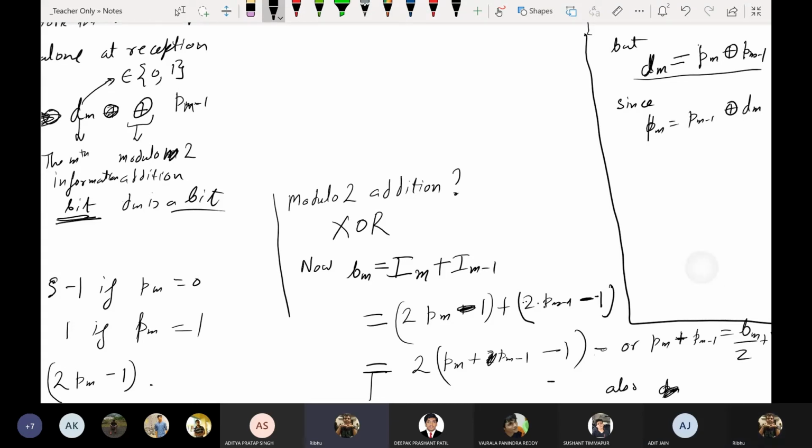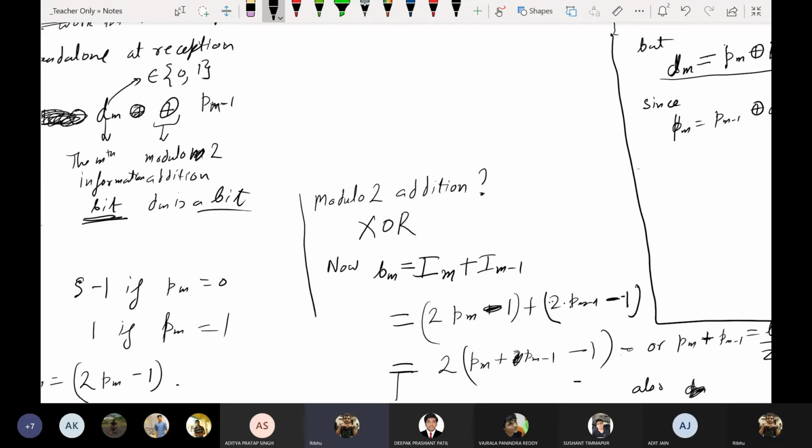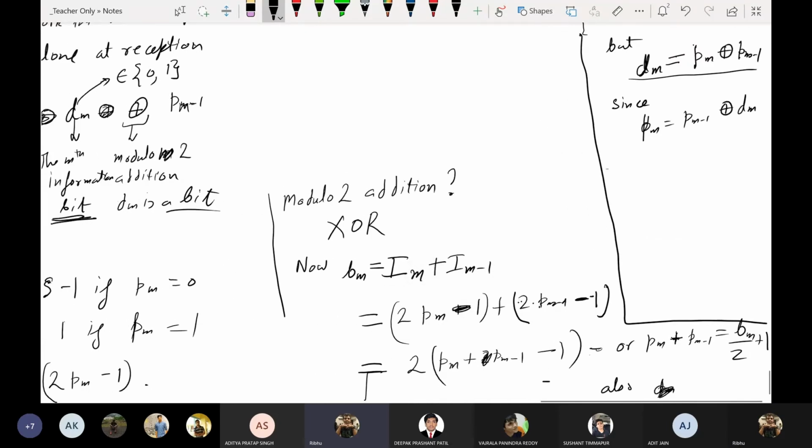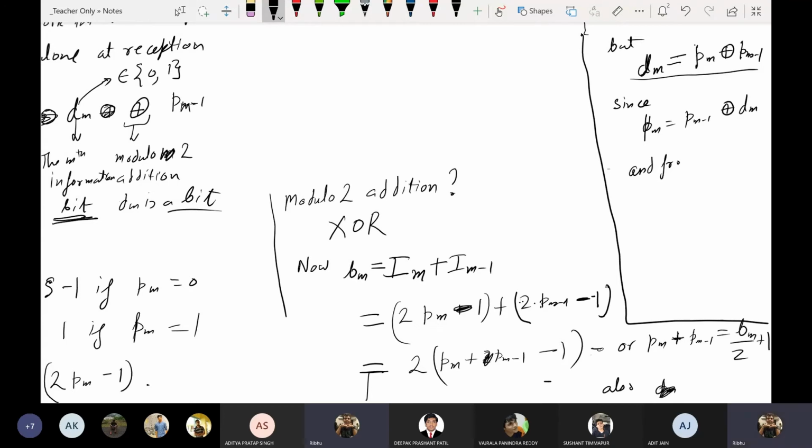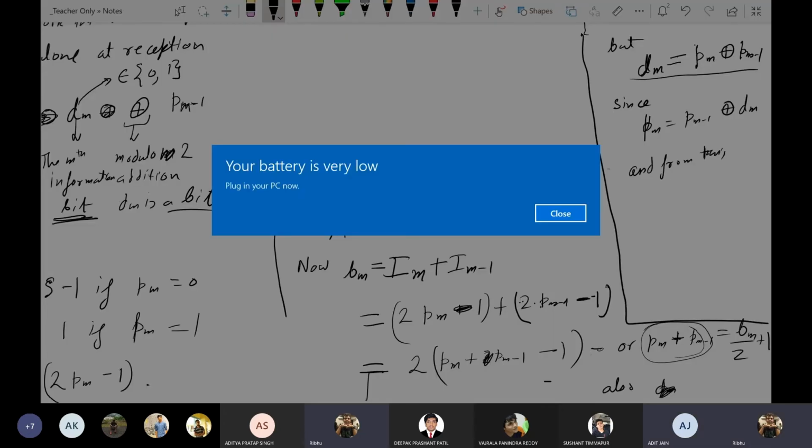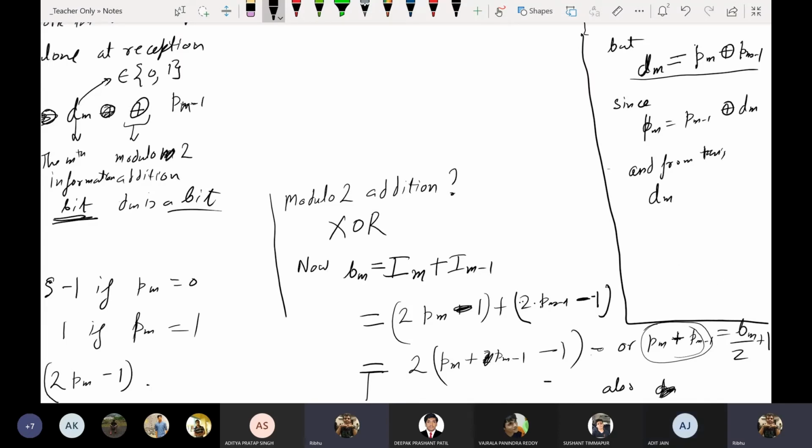And from this, since PM and PM minus 1 are binary numbers, this will either be 0 or 1. PM plus PM minus 1 will be the same as PM XOR PM minus 1, and therefore DM is recovered.